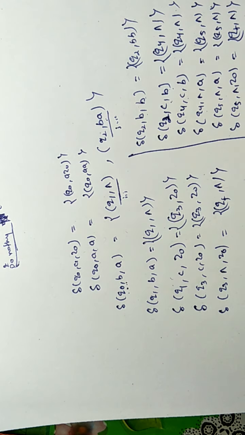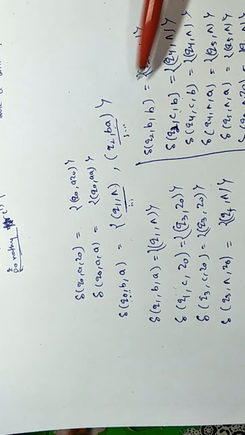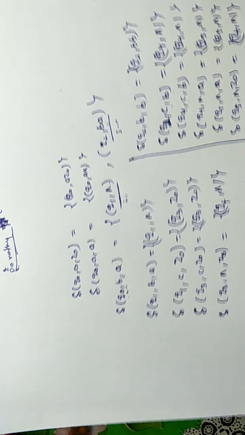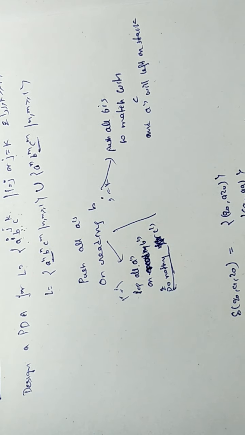So I have two choices. Either I will go for i equal to j or j equal to k. So this will be the PDA for i equal to j or j equal to k.